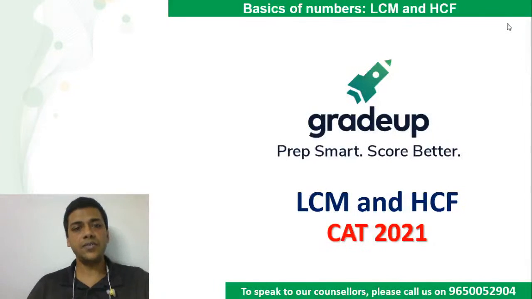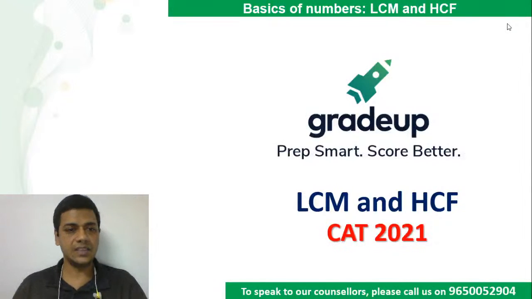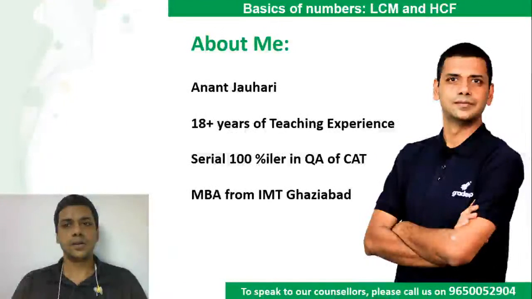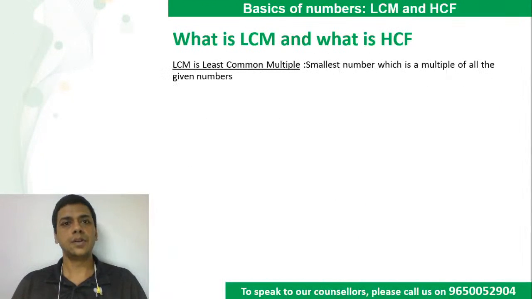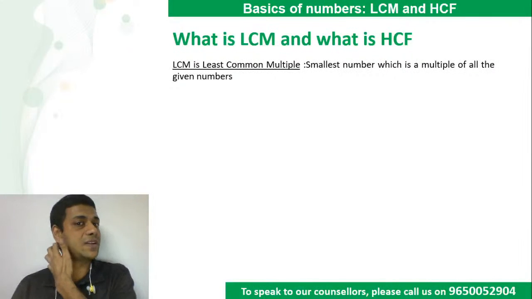So, guys, what do you mean by LCM and what do you mean by HCF? LCM is basically the smallest of all the numbers which divide the given set of numbers. For example, when there are two numbers, A and B, both of them will have certain multiples.